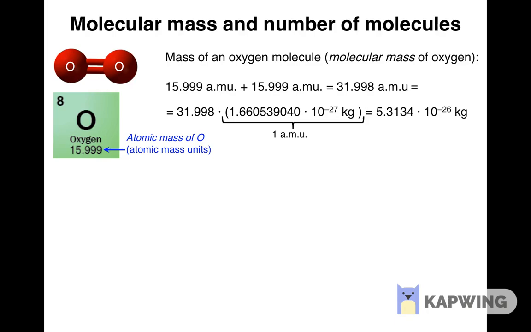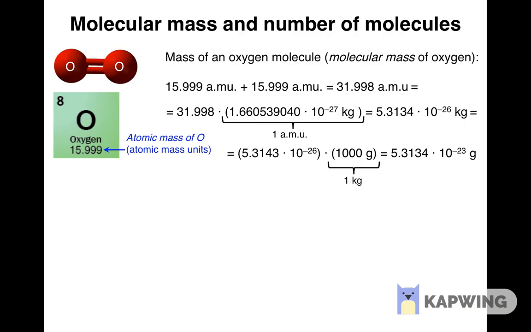And because 1 kilogram is equal to 1000 grams, 5.3134 times 10 to the minus 26 power kilograms is 5.3134 times 10 to the minus 23rd power grams.